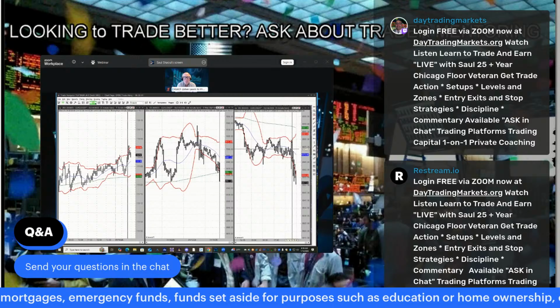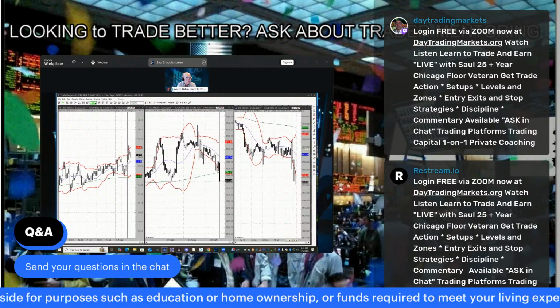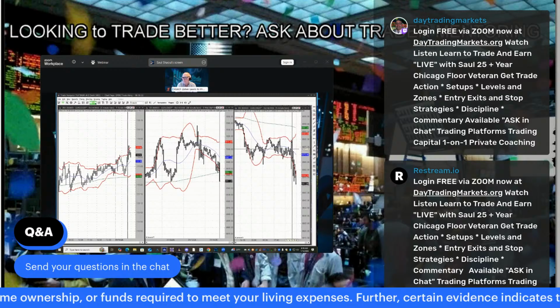All right, we do have a number, so let's be careful here as we downtick. 44 is our next support level. Numbers coming out here momentarily. Be a little bit careful about that.